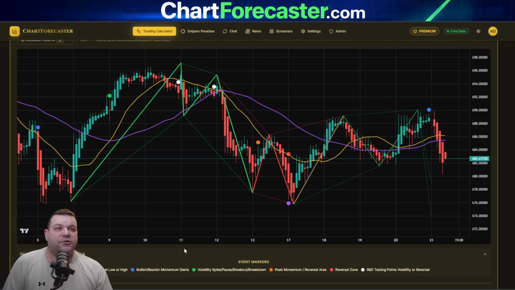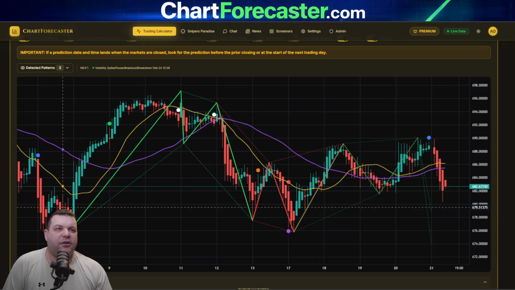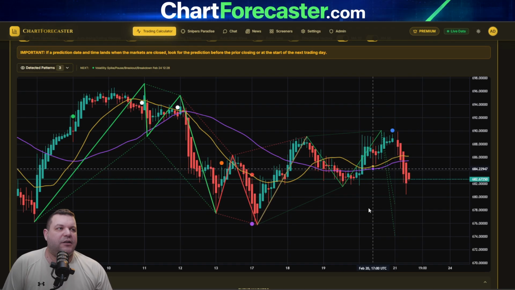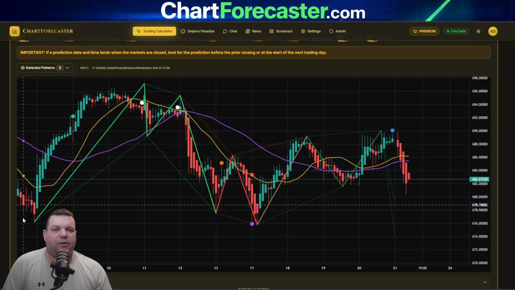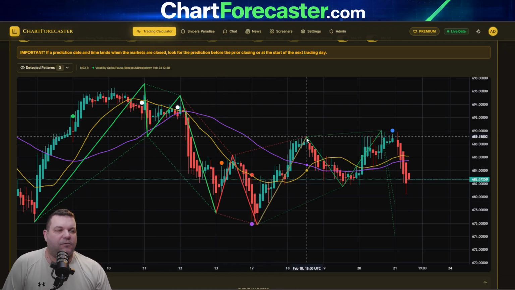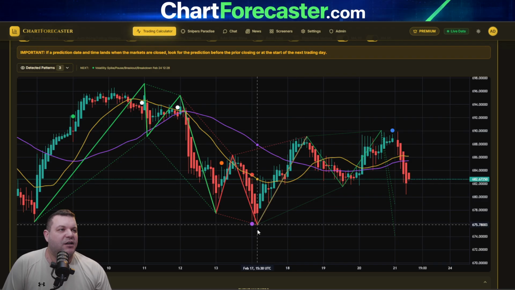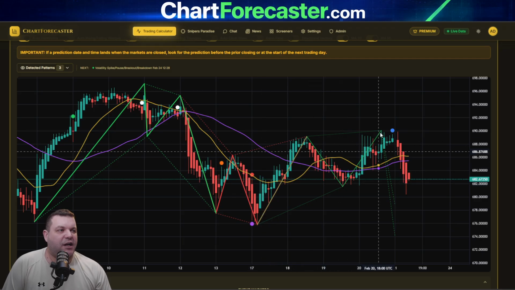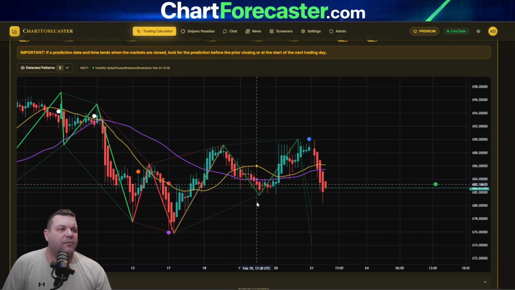So here's a very interesting one where S&P 500 had a triple harmonic. We've still got one emerging right now, and you can see how this works. We had a great harmonic here, another harmonic that was pointing that the price would reach up to this area, which it did, and then this other harmonic pattern here that formed.